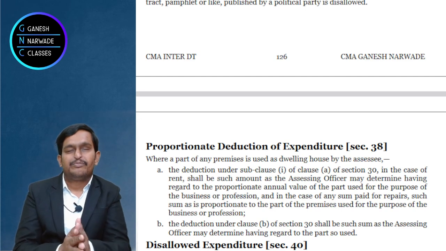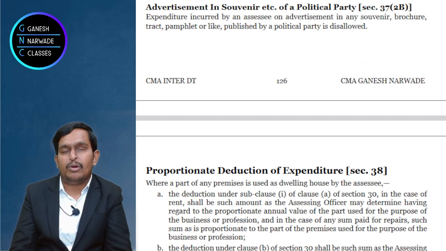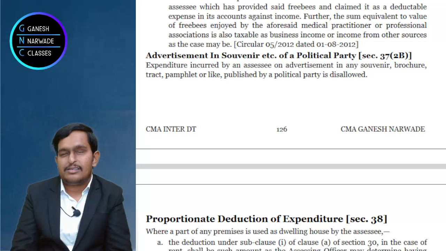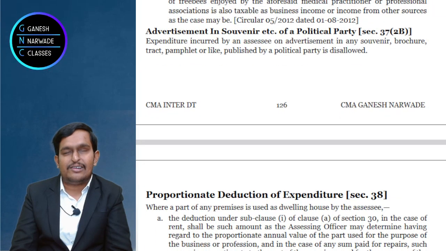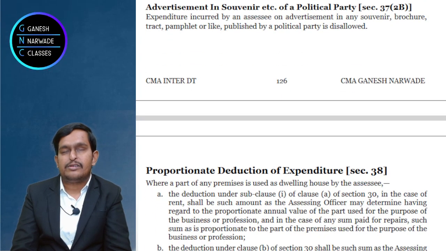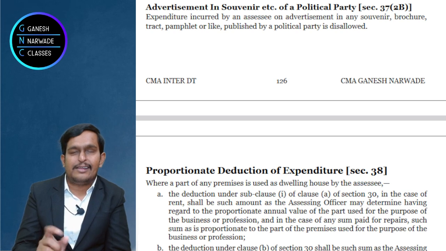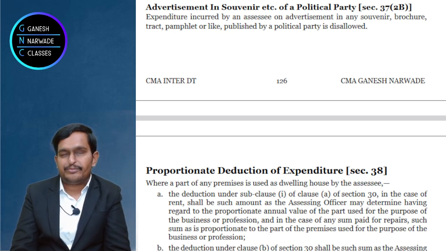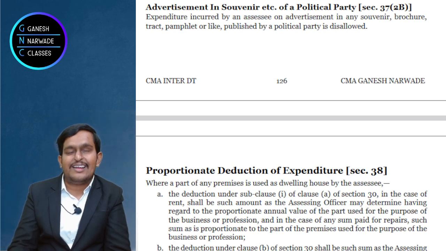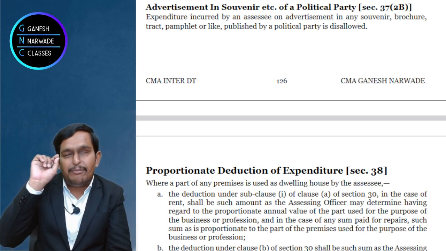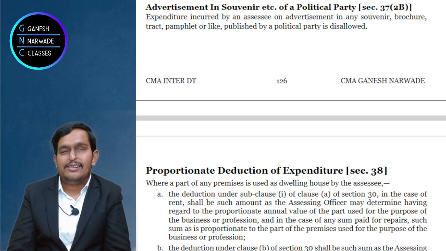Okay, one more thing. If advertisements are done by businessmen or companies in political party souvenirs, it is not allowed as deduction under section 37(2B). Why? Because they give deduction under section 80GGB. If it is a company business, 80GGB.